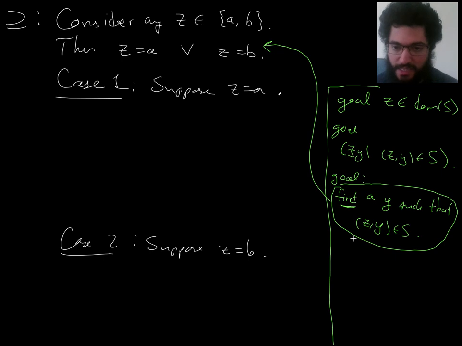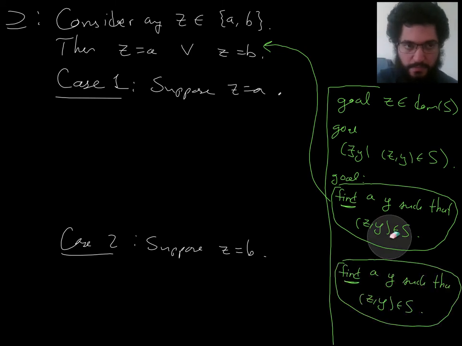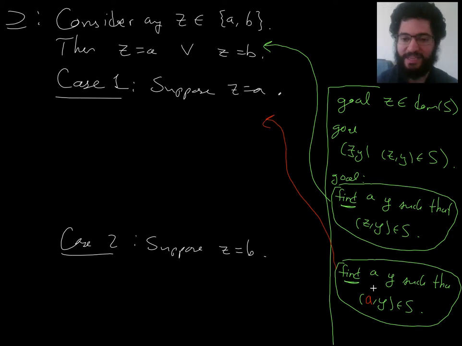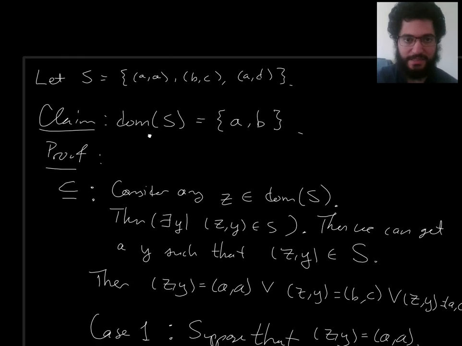Now that I'm supposing z is A, my goal is more specifically to do this with the knowledge that z is A. So just to write my goal in simpler terms, this is now my goal. Can I find something that when I put it next to A in a pair ends up being an S? Well, remember what S was.